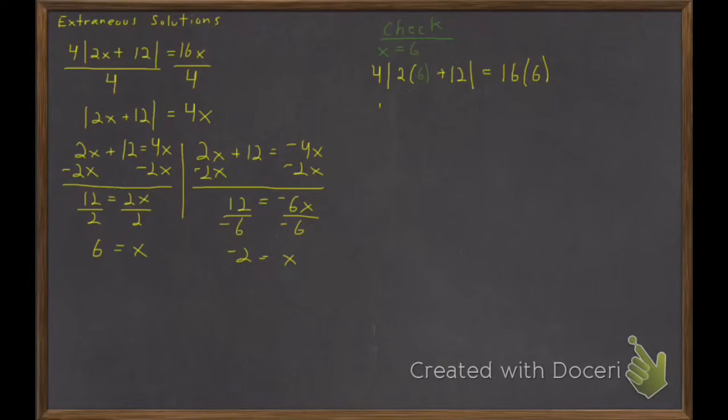And we get for the absolute value of 12 plus 12 equals 96.